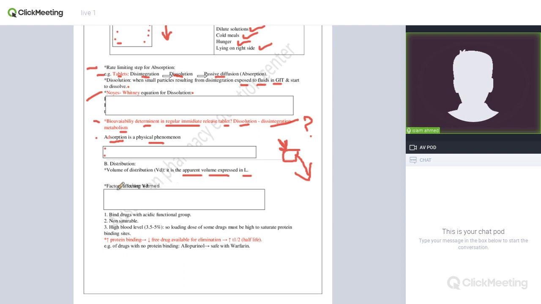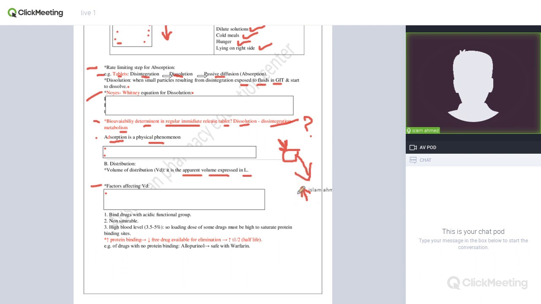Okay, so what are the factors affecting the volume of distribution? The first one is that the volume of distribution will be greater for drugs that are concentrated in the tissues rather than the plasma. It will have a higher volume of distribution because it's spread in tissues.